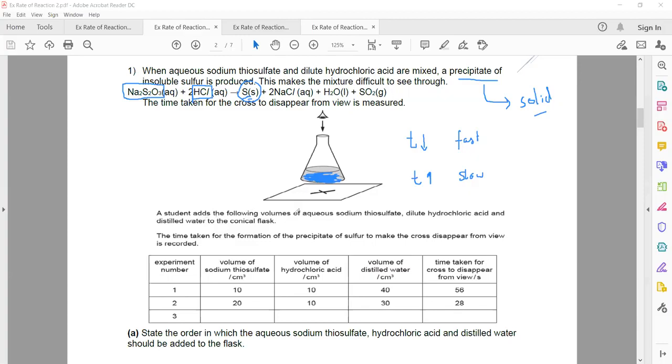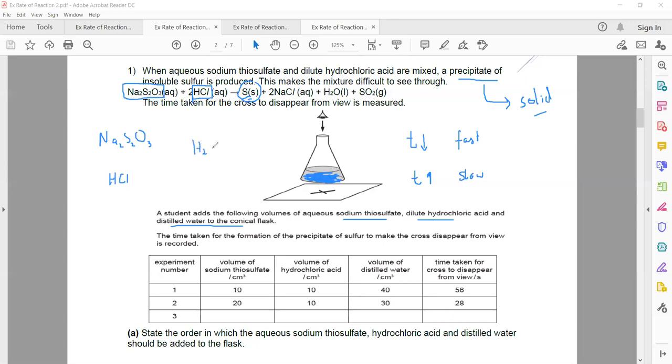A student adds the following volumes of sodium thiosulfate, hydrochloric acid, and water in a conical flask. So what he did, he used sodium thiosulfate, Na2S2O3, then hydrochloric acid and water.